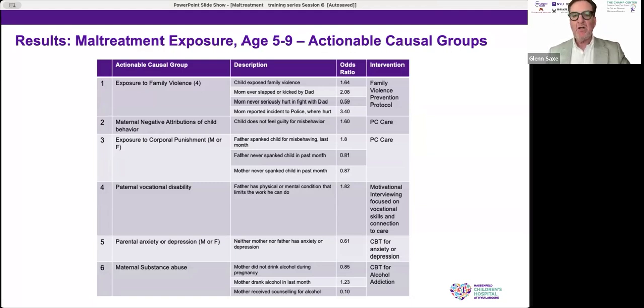So you could see the description is the variables within it, and the odds ratio is the effect size really.